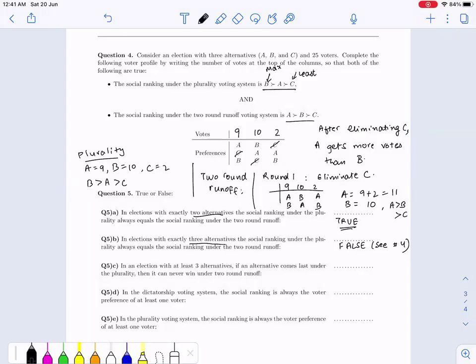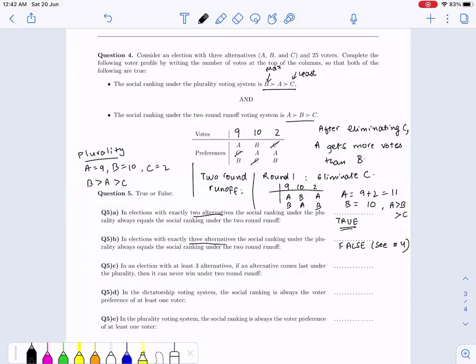So in plurality, B is the winner, and in two-round runoff, A is the winner. So it's not always the case, because once you have a third alternative, eliminating the one that came in last can change the ranking for the top two under the two-round runoff.